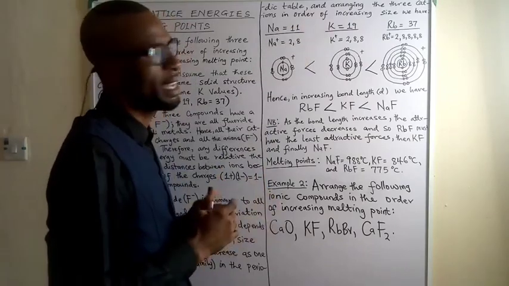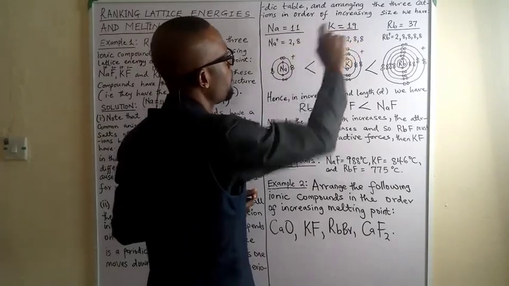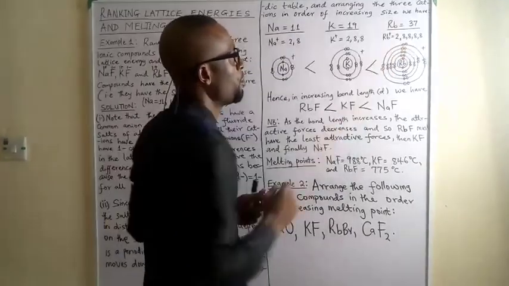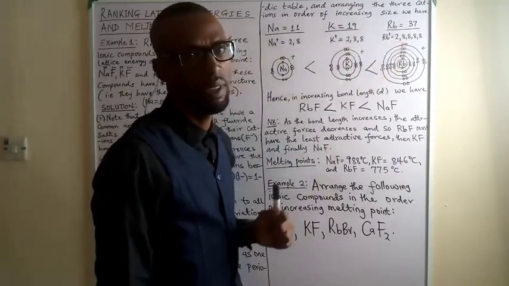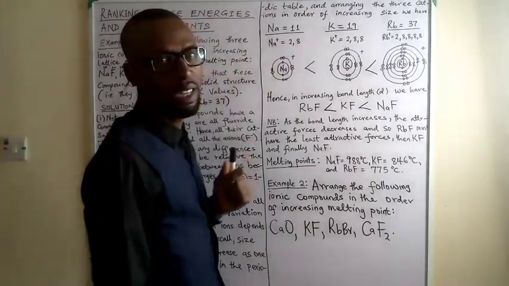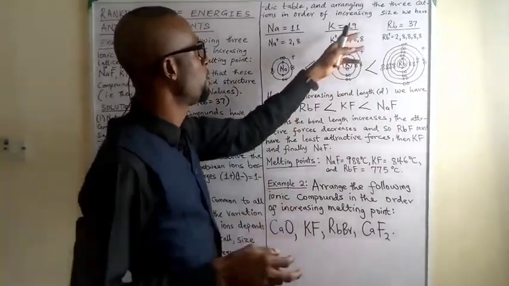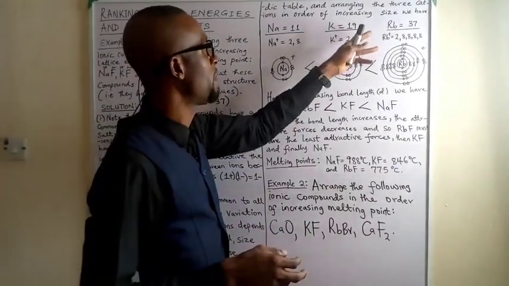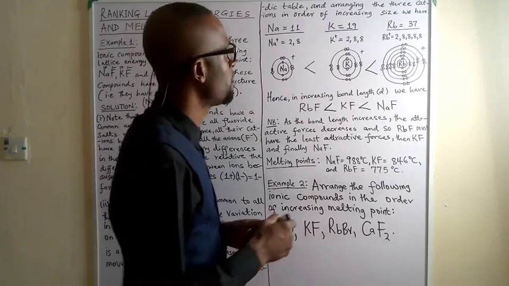So if we arrange the 3 cations, which are the deciding factor in this particular evaluation, in order of increasing size, you have your sodium neutral atom, your potassium neutral atom, your rubidium neutral atom. So you have 11, 19, 37. Clearly, sodium is ionized by giving out 1 electron, being an alkali metal, and so is potassium.